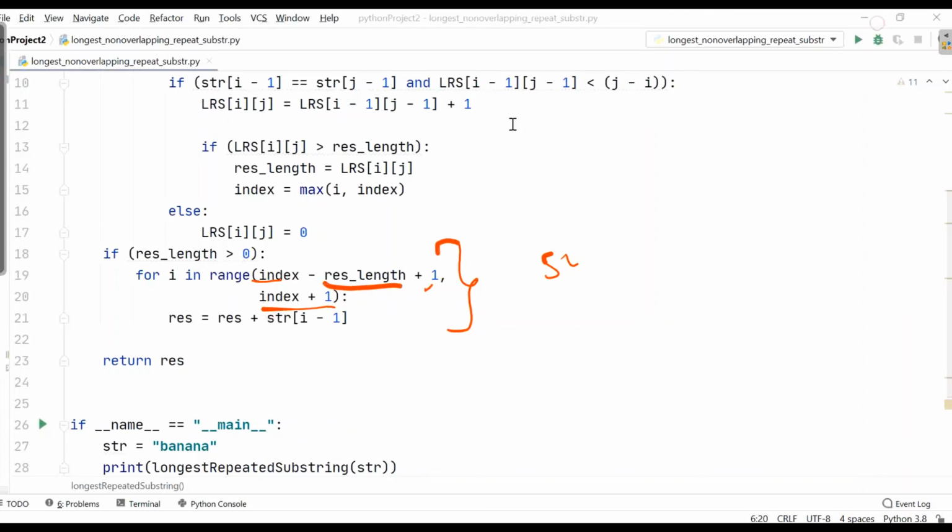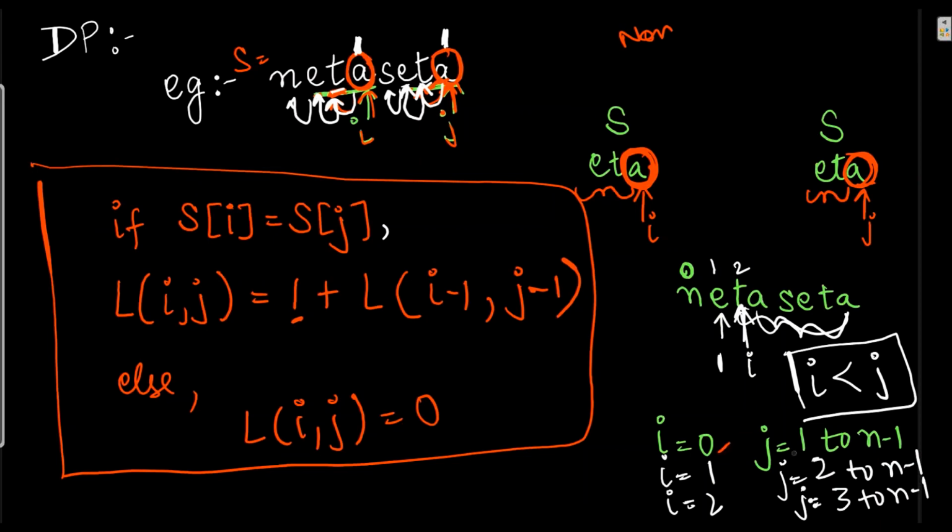Now if we come to its time complexity, here we have seen when i is at 0, j is proceeding from 1 to n minus 1. If i is at 1, then j will proceed from 2 to n minus 1. So if I sum up, it will be 1 plus 2 plus 3 up to n minus 2 plus n minus 1. Now if I sum it up, it will be n times n minus 1 divided by 2, which is going to be O of n square.